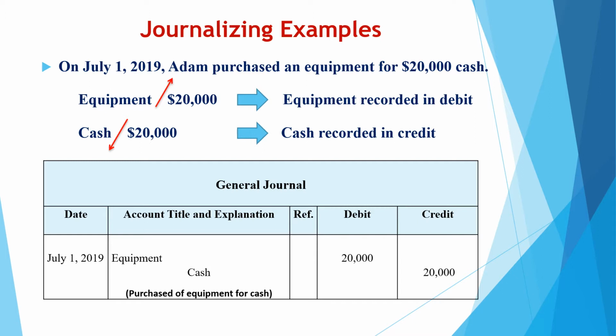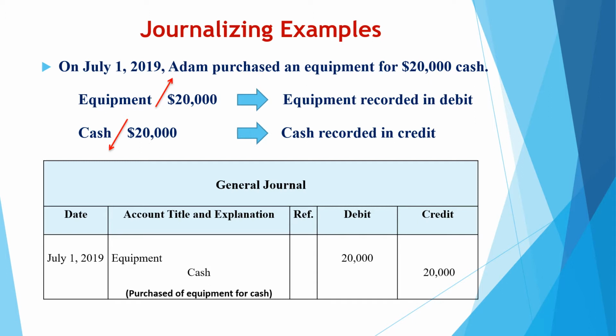The second account affected in this transaction is cash, and as we previously explained, cash should be recorded in credit, so that's why cash is on the next line, indented a little, and the amount of the account is 20,000 in credit as well.